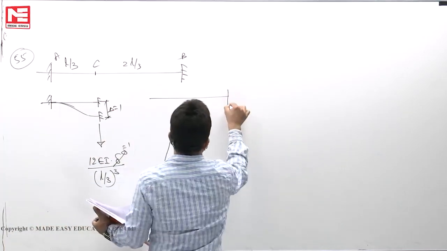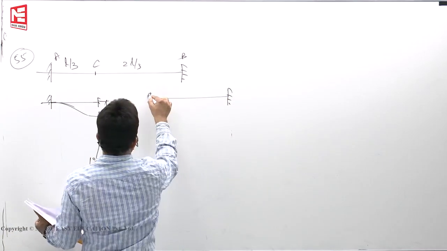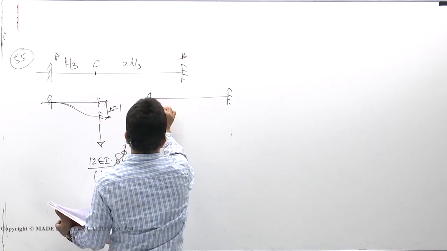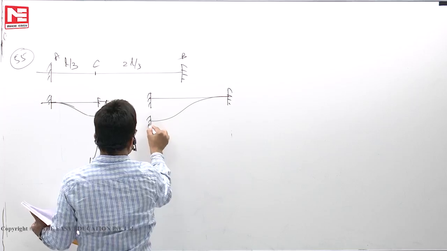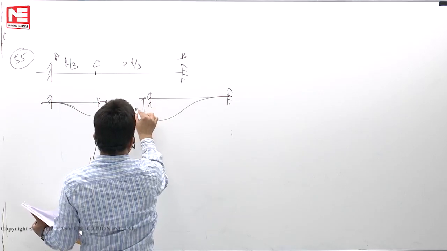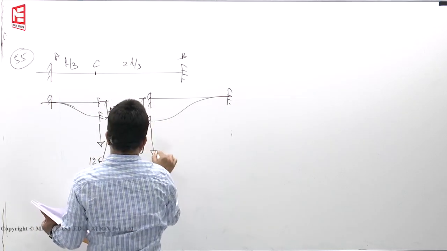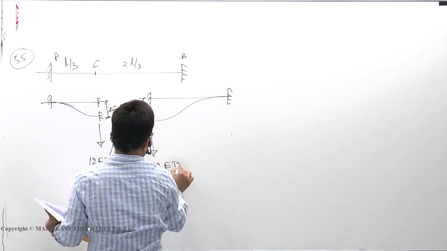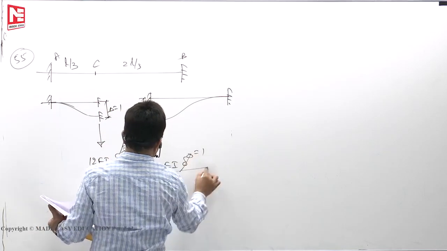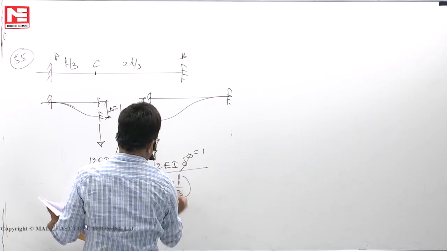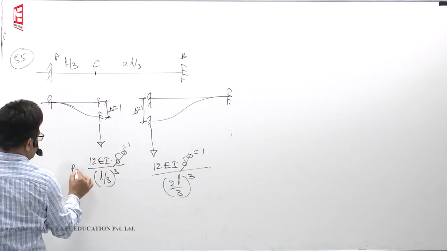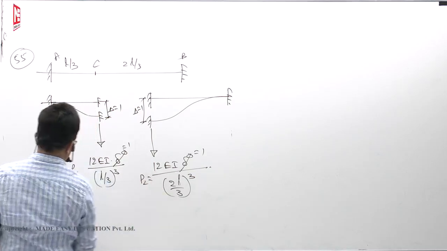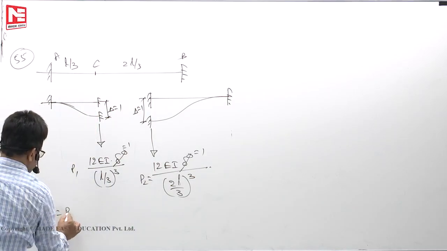The other member, without rotation, I want to give unit displacement like this. For this one, how much is required? 12 EI delta, delta is 1, by L cube, 2L by 3 cube. Okay. Now this is P1, this is P2. So force P is equal to P1 plus P2.